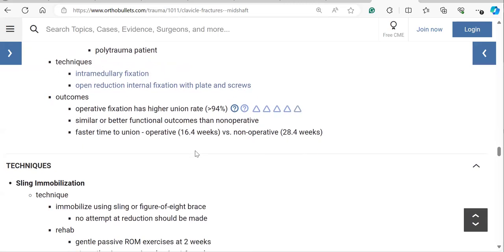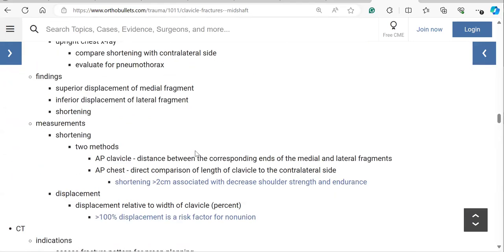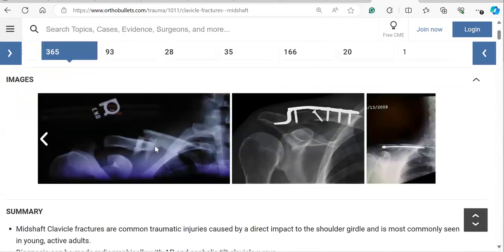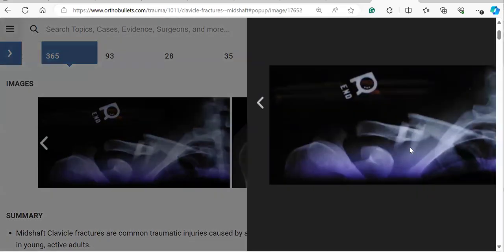Okay? But if you have seen something like this in the exam, this usually needs open reduction and internal fixation, because a sling will not fix this. Okay?